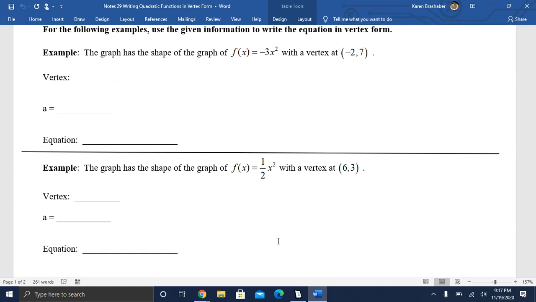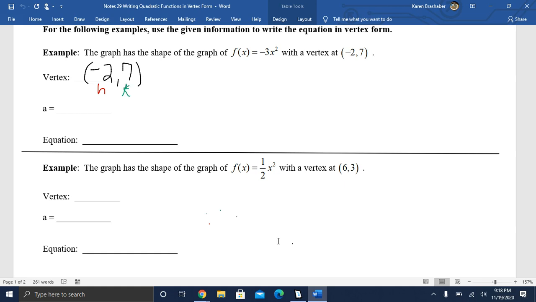One thing is you're going to need to know the vertex. So the vertex is -2, 7. And remember that the -2 is your h, and the 7 is your value of k. And it's also telling you a little bit extra information in this.